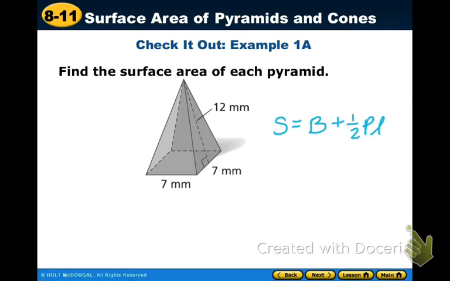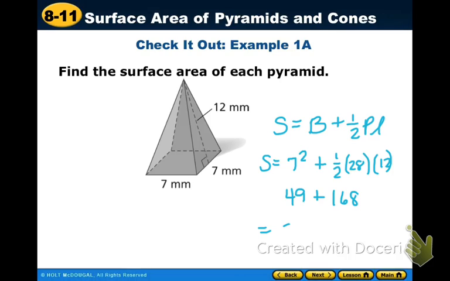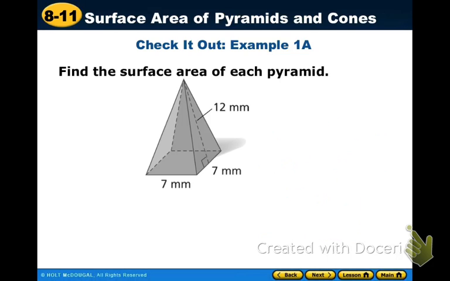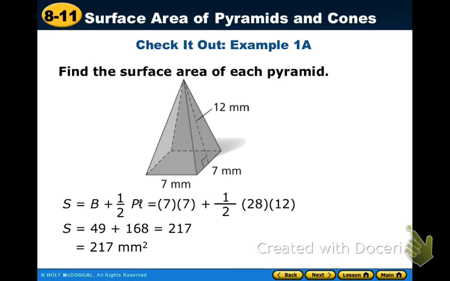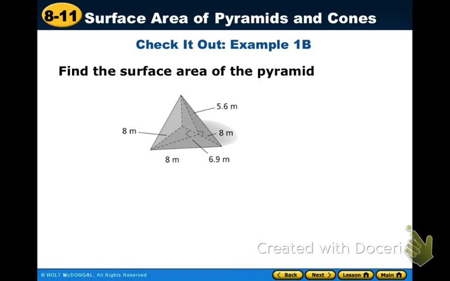So the area of the base is going to be 7 squared. And that's going to be plus, and then when you take 7 times 4, the distance around, you get 28, and then this slant height of 12. So 49 plus 168 is equal to 217 square millimeters. Give this one a try.